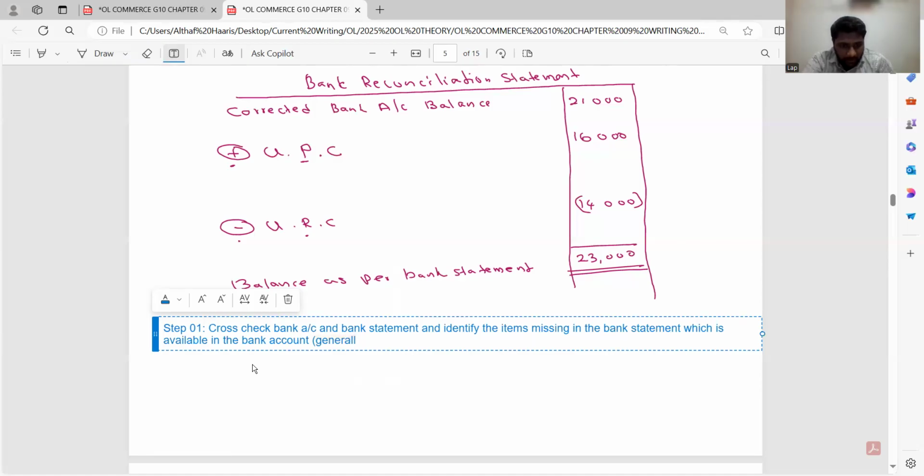Generally, these are unrealized checks and unpresented checks.